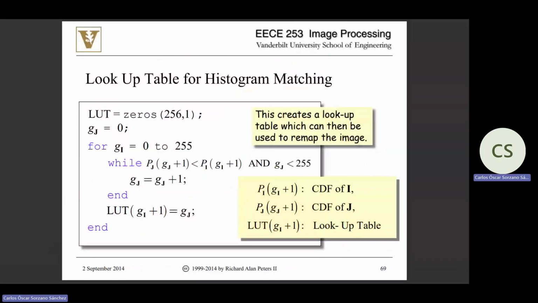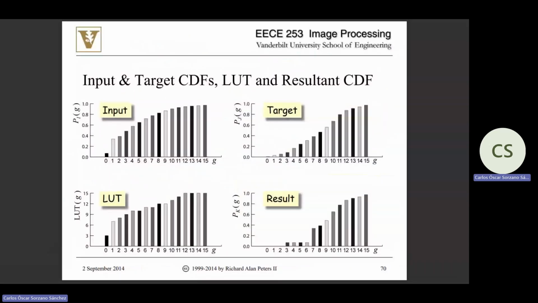So this was the input, this was the target, this was the lookup table, and when you apply this lookup table to the input image, this is what you get. So we understand here this histogram matching principle. This lookup table transforms this histogram into something that is not exactly the target, but it is the most similar you can get to it.